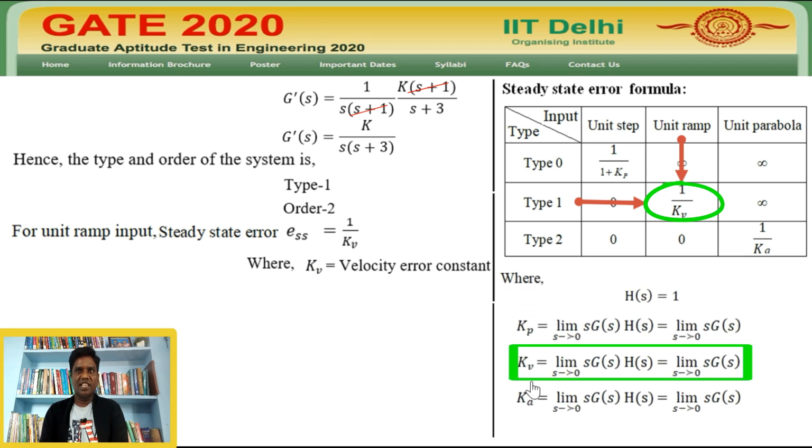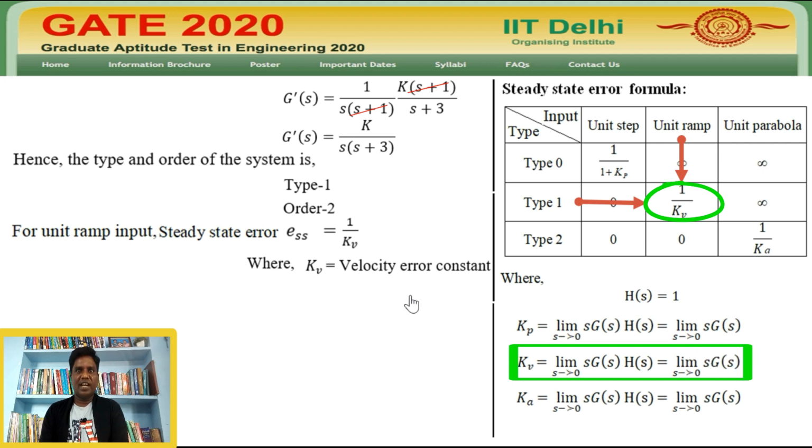The velocity error constant formula is Kv equal to limit s tends to 0 of s into G(s) into H(s). Here H(s) equal to 1 for a unity feedback system. So Kv equal to limit s tends to 0 of s into G(s), where G(s) is the open loop transfer function of the system.